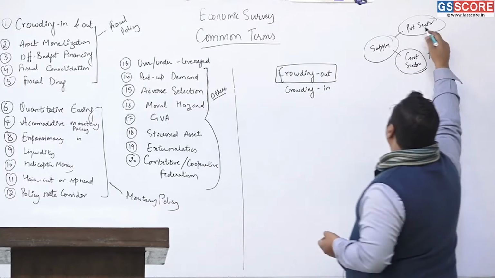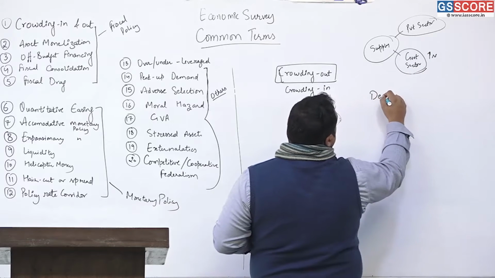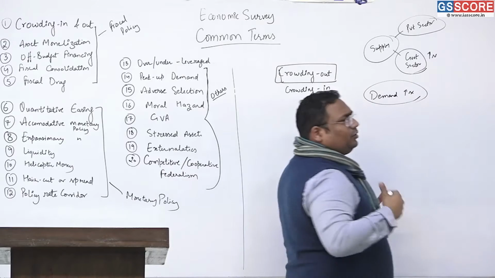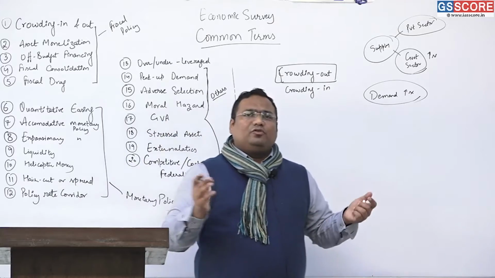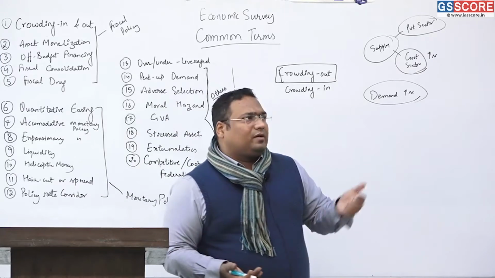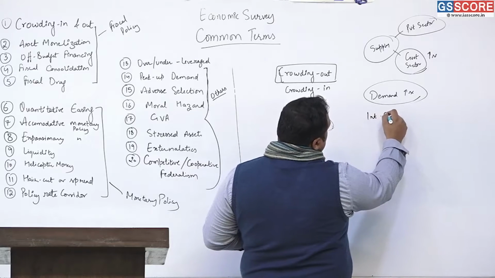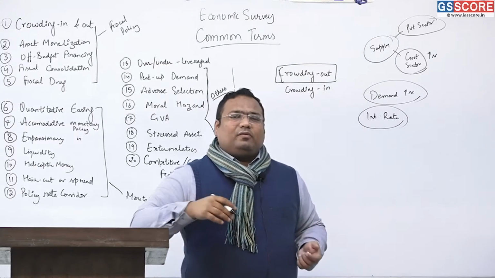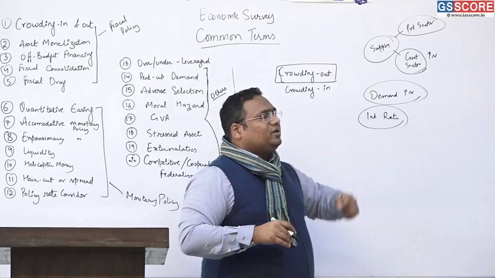The overall demand will increase, and if demand increases, we know from microeconomics that prices increase. In the financial market for funds, the price is the interest rate. When demand for funds increases, the cost of funds, that is the interest rate, increases.